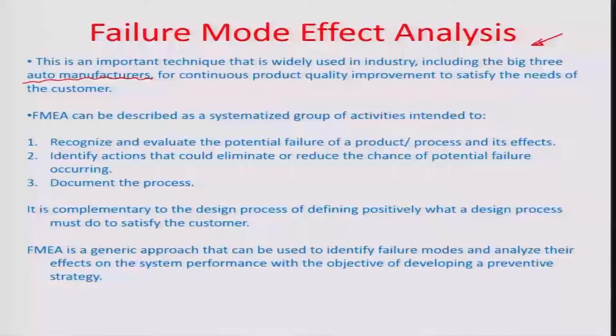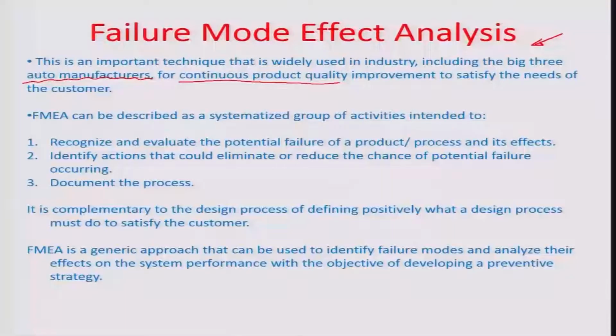The FMEA technique is typically used for continuous product quality improvement, so that you can have customer satisfaction, and indices can be drawn to find out whether FMEA is working in a proper manner. FMEA can be described as a systematized group of activities intended to do a threefold development.